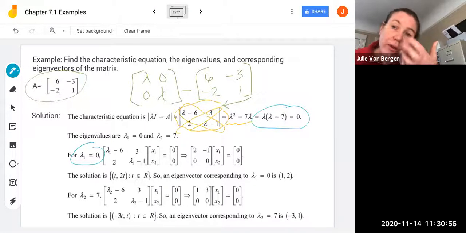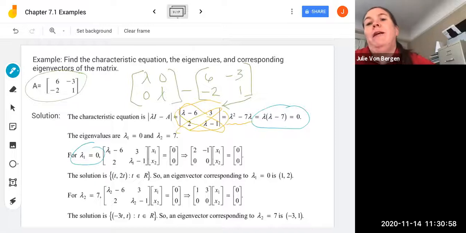So we're solving for essentially the null space of this matrix. So when we plug in our 0 here, that gives us 2, -1 in the first row, 0, 0, multiplied by x1, x2 equals 0. So this is going to have solutions in terms of a free variable. So we're going to have t and 2t such that t is a real number.